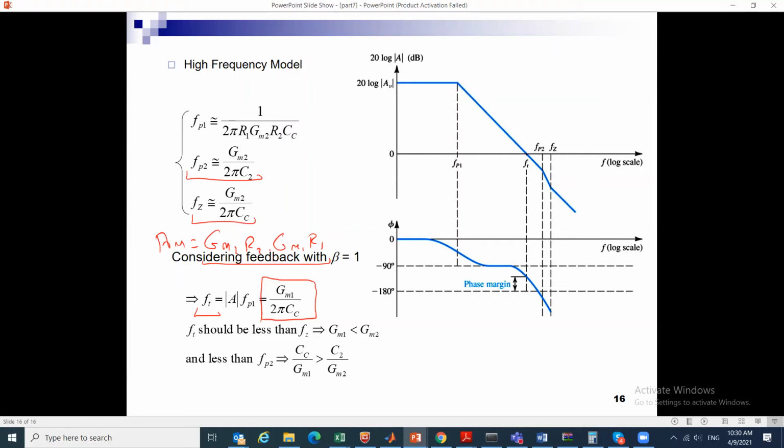Our criteria is that I want gm1 to be smaller than gm2, and the other criteria is that I want Cc over gm1 to be greater than C2 over gm2.